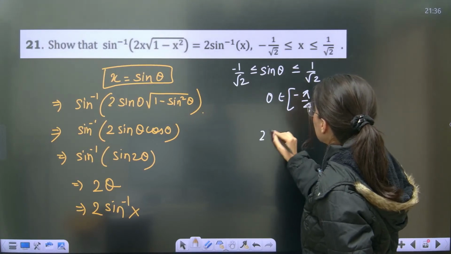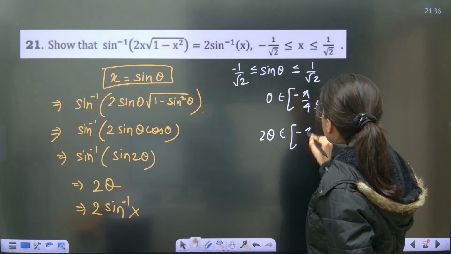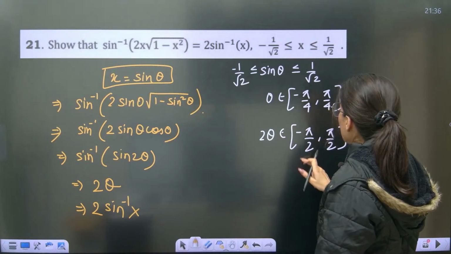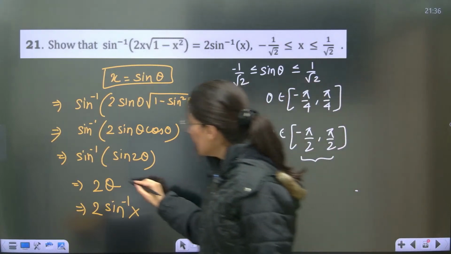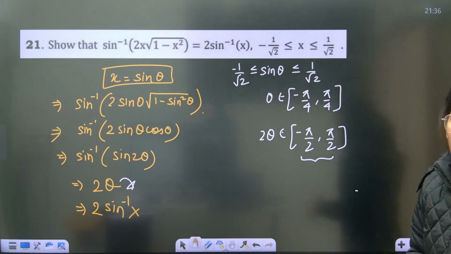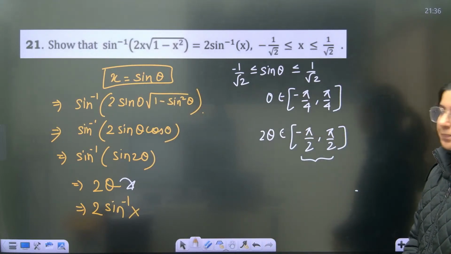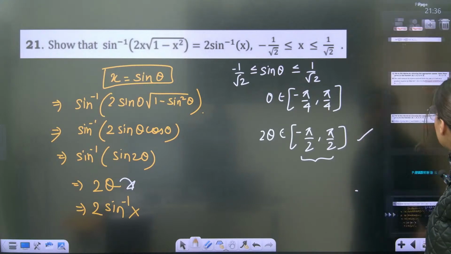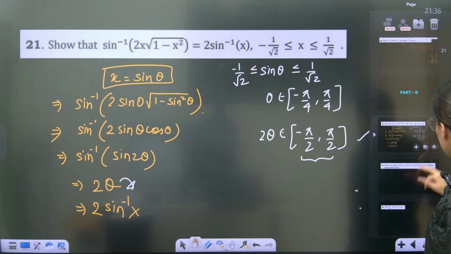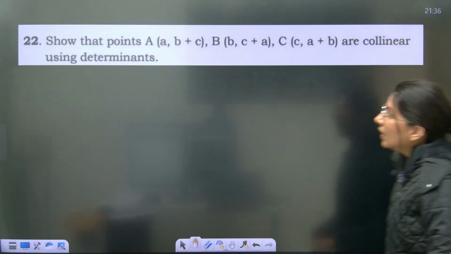So 2 theta belongs to minus pi by 2 to pi by 2. Since 2 theta belongs to minus 90 to plus 90, only then can you write that theta is sine inverse x. You have to write this to get the full marks. All right, so this is the first question.